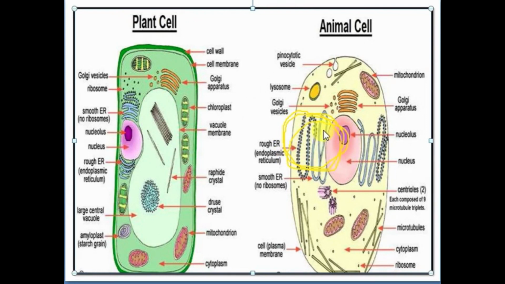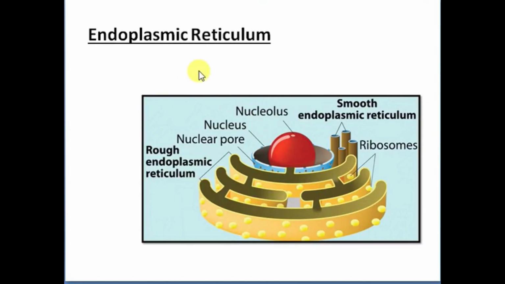This is smooth endoplasmic reticulum and this is rough endoplasmic reticulum, and we will study each of them. This is the nucleus, and then we have endoplasmic reticulum attached to the nucleus. We have smooth and rough endoplasmic reticulum.